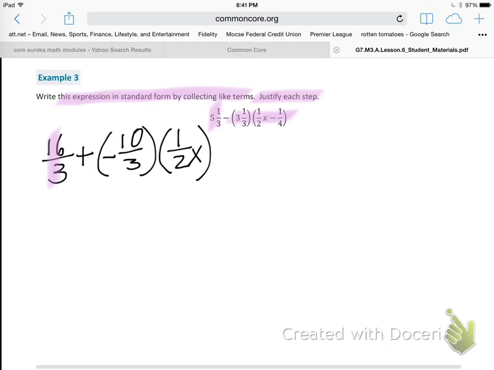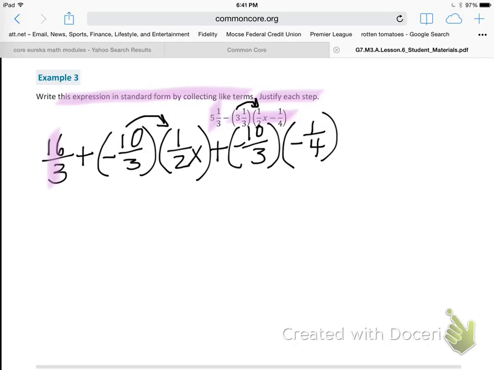So in this case, we have 3 1/3 times 1/2, which is the same as -10 thirds times 1/2 x. And then we're going to add that to -10 thirds times -1/4.